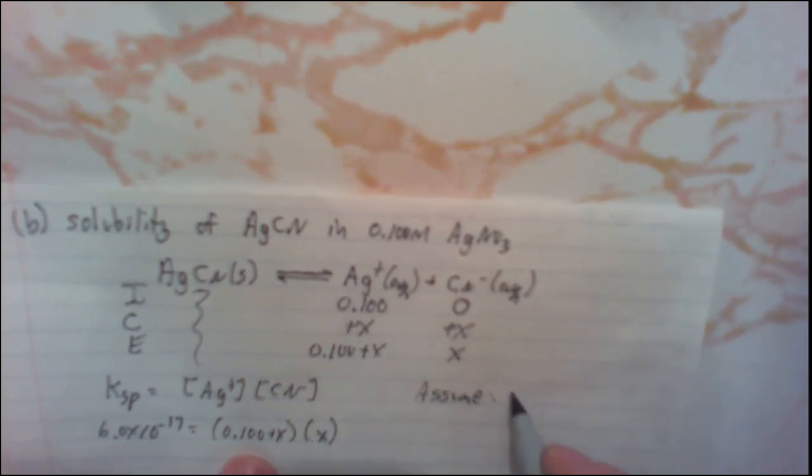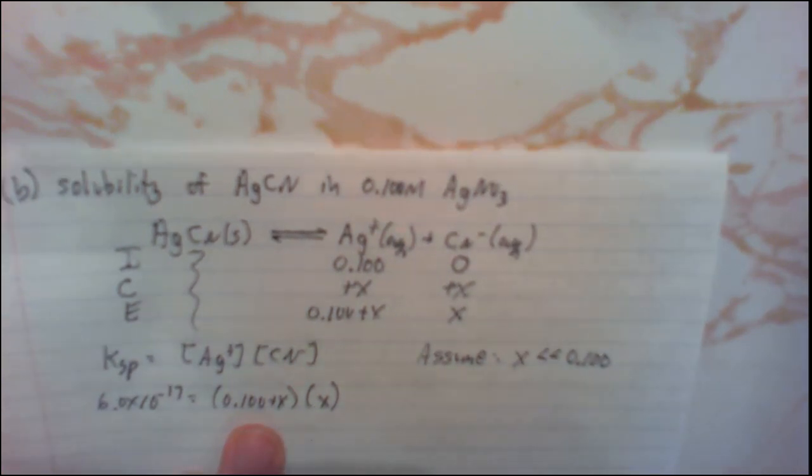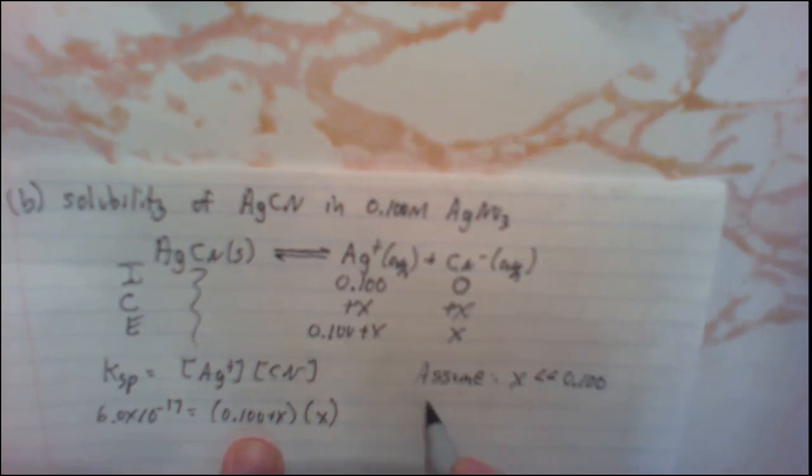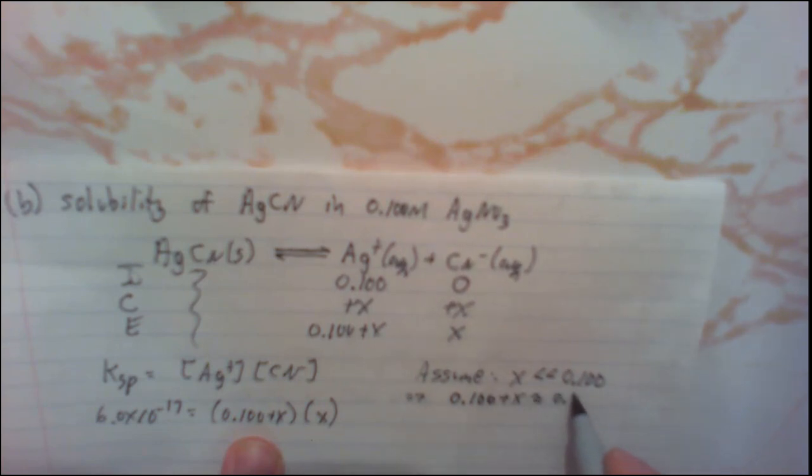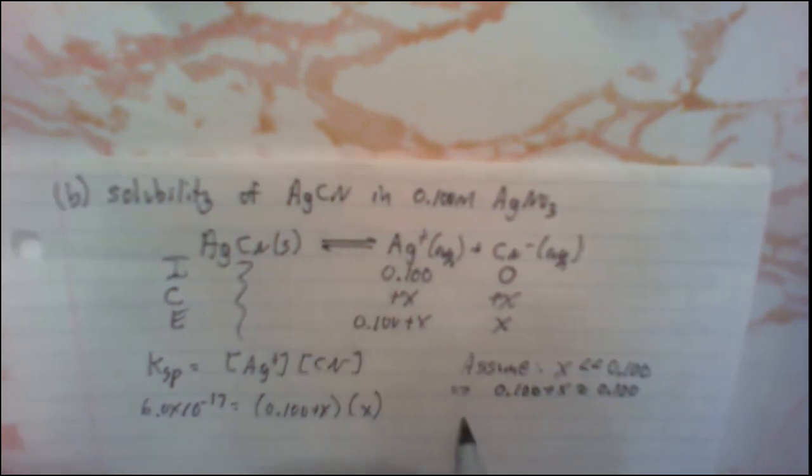We can assume that whatever X is, it's going to be much smaller than 0.1. And we've seen this before with weak acid, weak base equilibrium. So if that is true, then 0.1 plus X is approximately equal to just simply 0.1. So that simplifies our calculations a little bit.